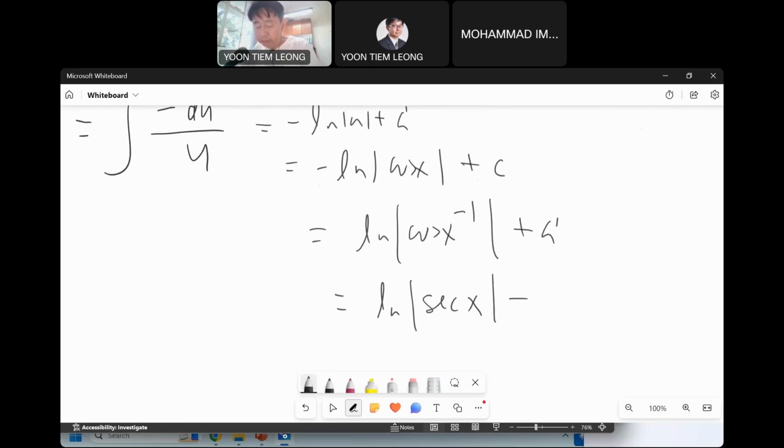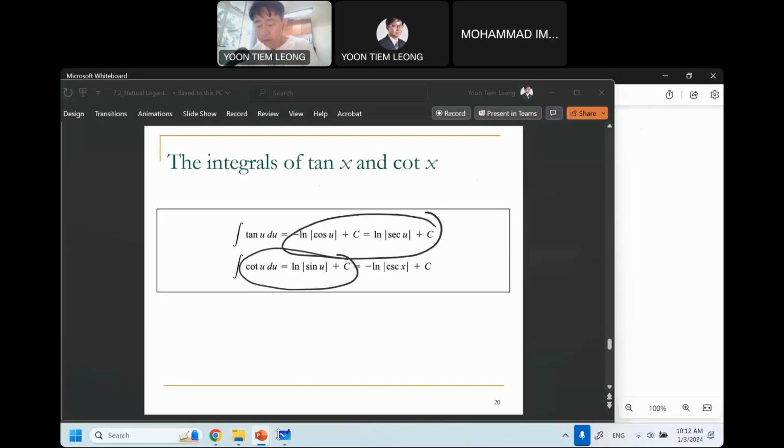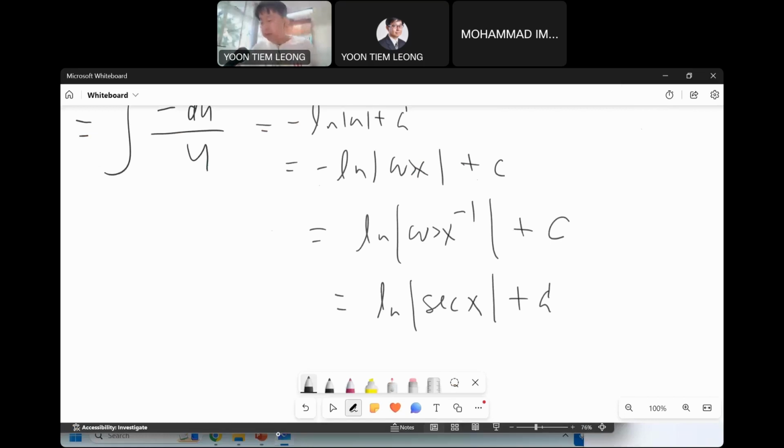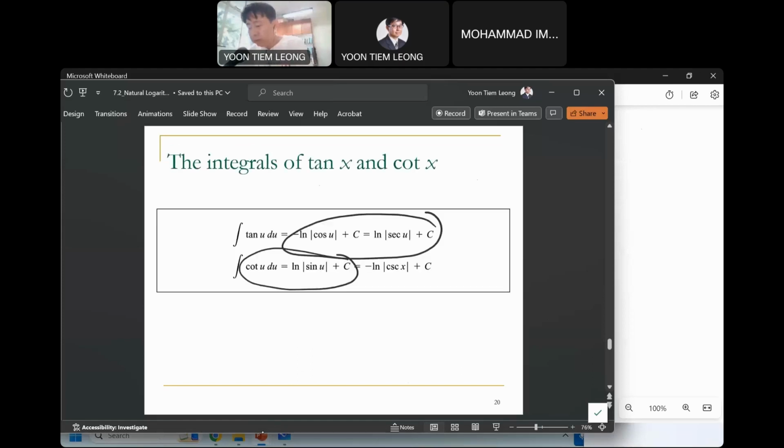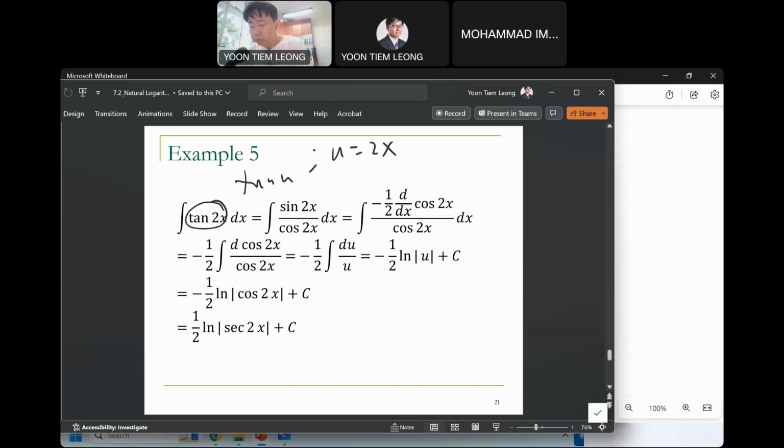So it is the log of the absolute value of secant of x plus c. That finishes the derivations of the integrals of tangent x and cotangent x. You can easily perform the integration of tangent 2x using the formula used here, where you substitute tangent u, and you call u equals 2x.